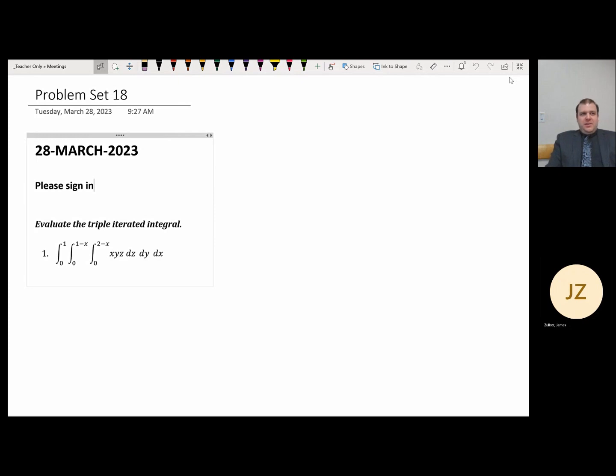So let's look at a triple iterated integral. The idea is the same as with double.